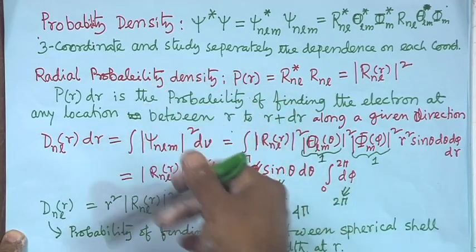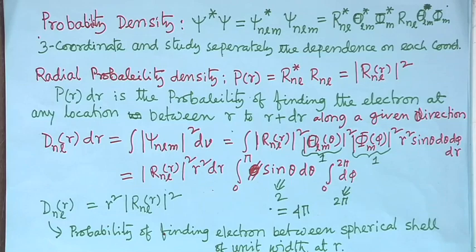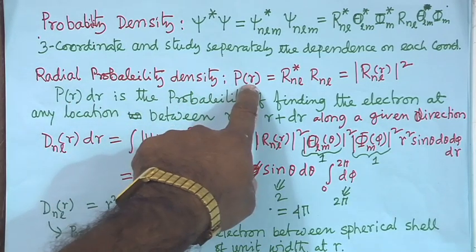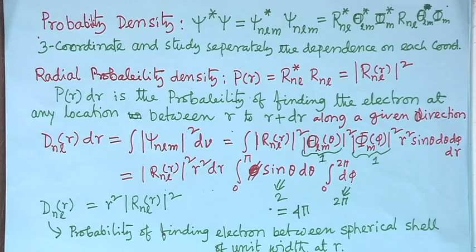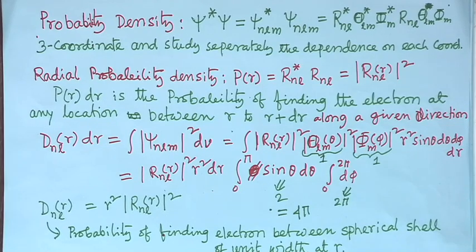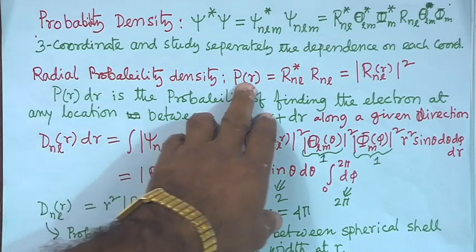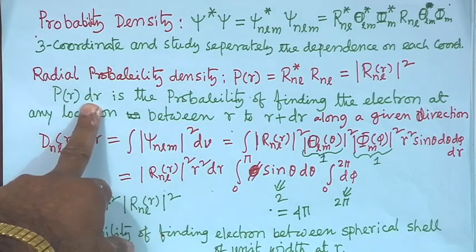So, this probability density we have seen, P R, that is the probability to find the electron along a given direction at a location between r to r plus dr. So, that is basically P R dr.